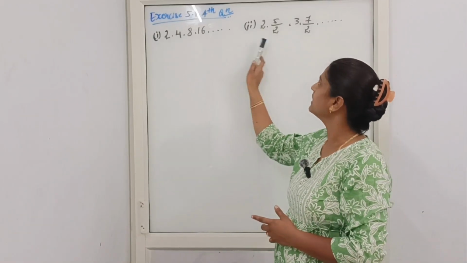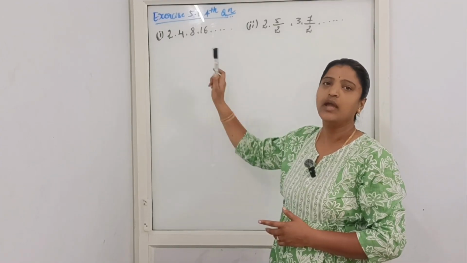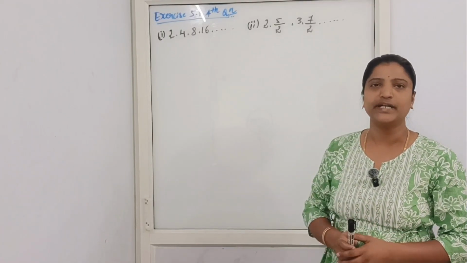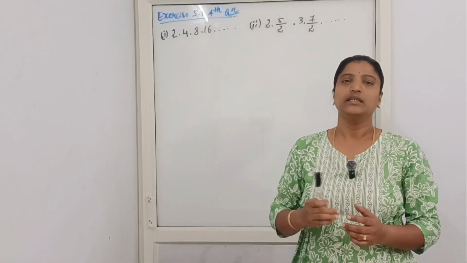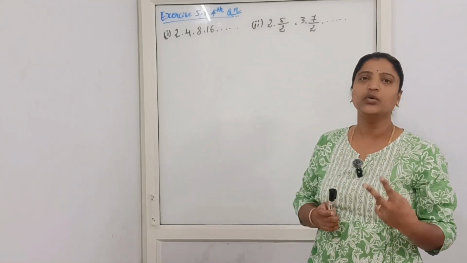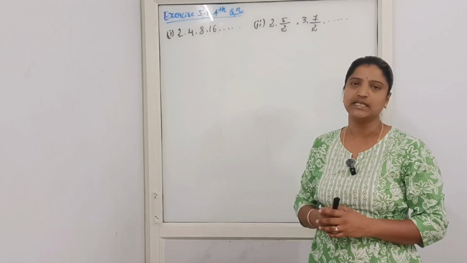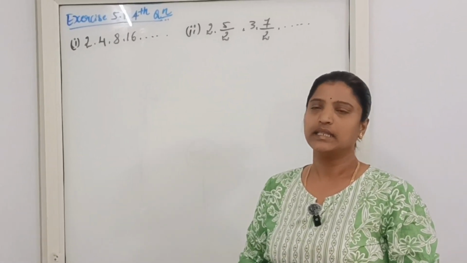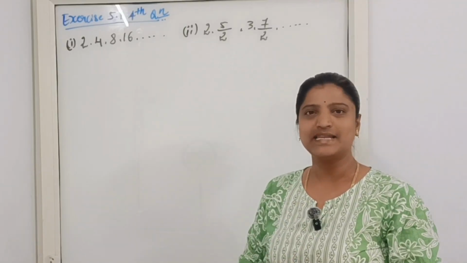In the given number list, the first number is always a. How to find the common difference? It is the subtraction of successive 2 terms. Any 2 d we can find out. If they are equal, then we assume it is an arithmetic progression. Then we need to check the next 3 terms. That's it. Let us start.